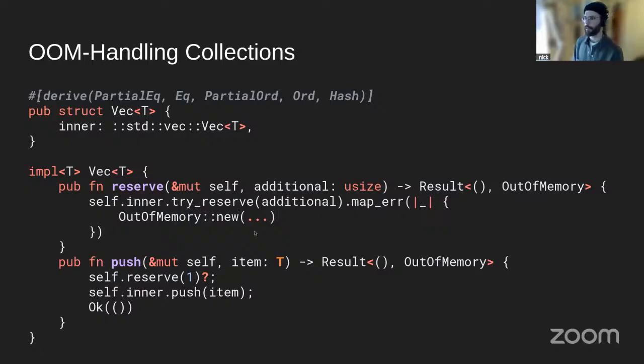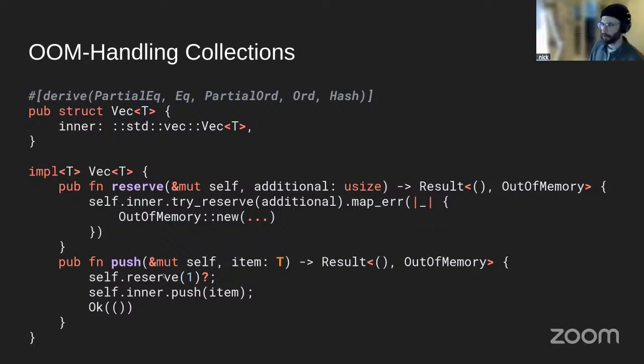So when we reserve, we ask for whatever additional amount of space you need, and then we return a result based on that. And then instead of calling the inner regular reserve, which is going to panic or abort on OOM, we call try_reserve, which does return an error. And then we turn that into an out of memory error and return that.